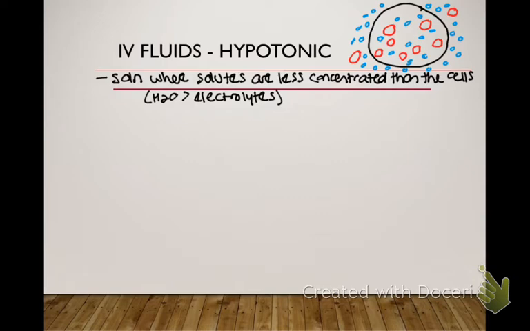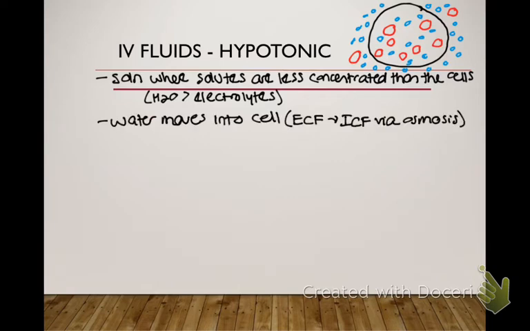We have to move water in to make the ratio equal. So if we're using a hypotonic solution to move water into the cells, it's because the cells need to be rehydrated. They move from extracellular to intracellular by osmosis. And we said it's used because we want to either maintain fluid or they need to be hydrated. We want to hydrate those cells.